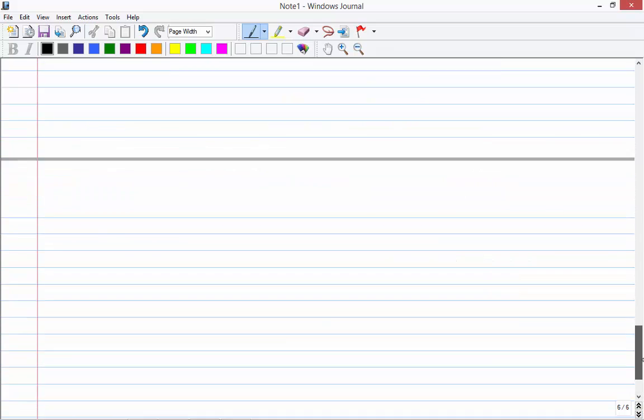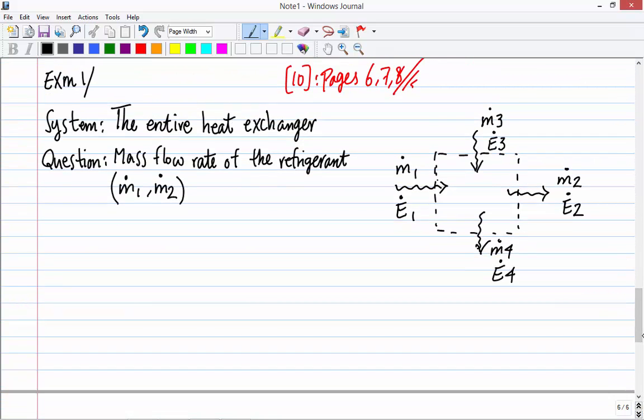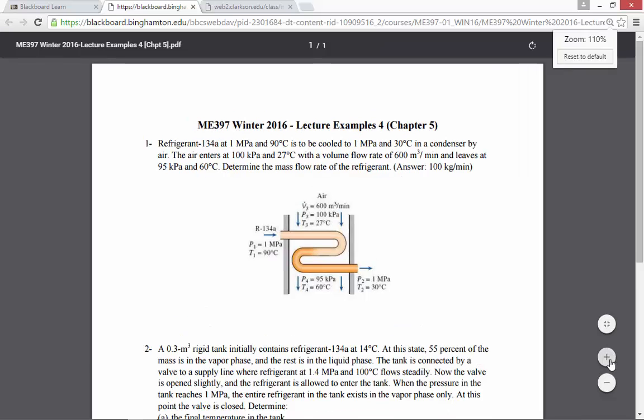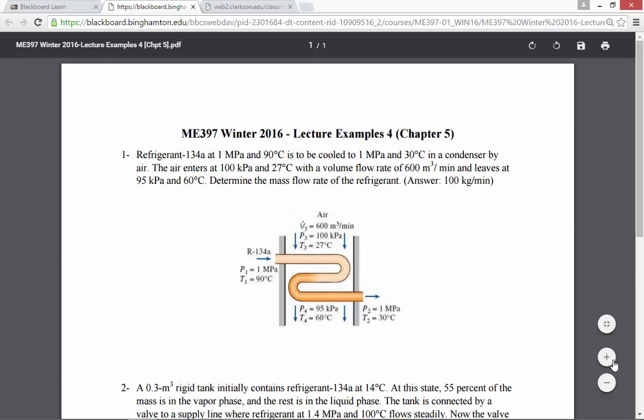Now before we continue solving, we need to make some assumptions. Is there any piston here? Let's go back to the figure. Where is it? Here. Is there any piston? No. Is there any shaft? No. Any kind of electrical work?